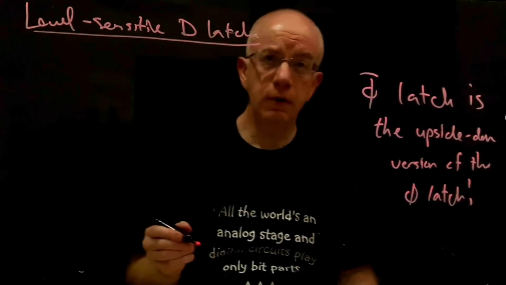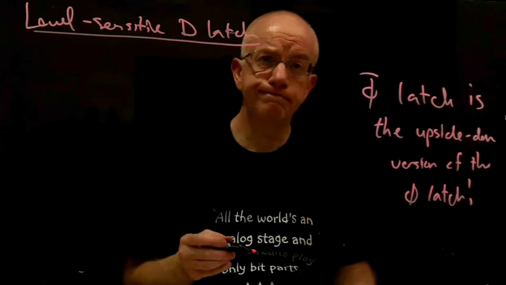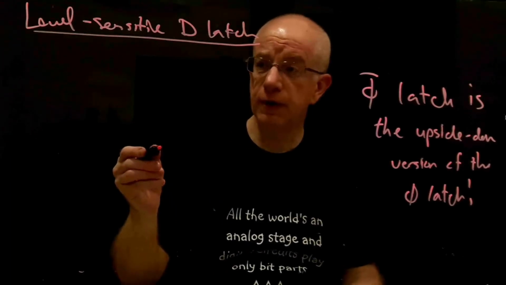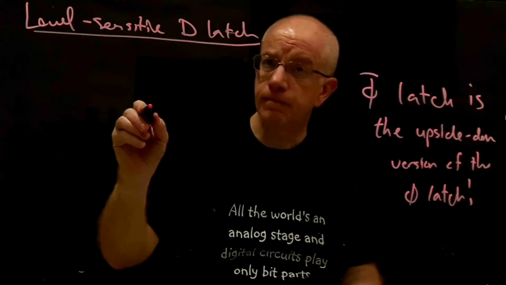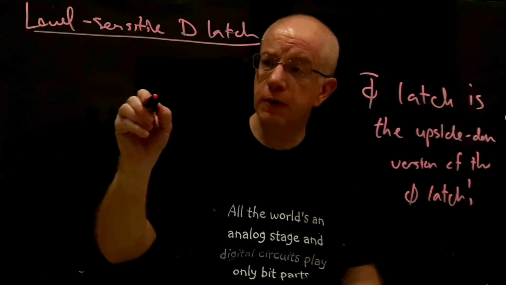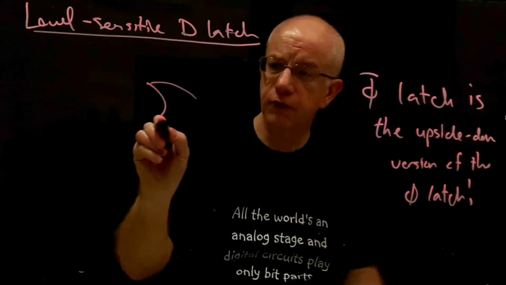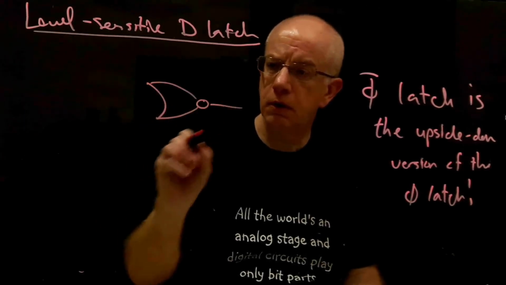So if you open up any old textbook on digital logic design, the classic clocked D latch would be a pair of cross-coupled NOR gates, like so.